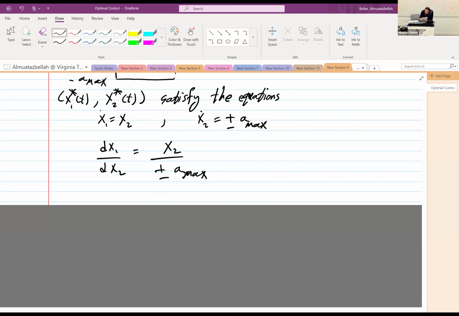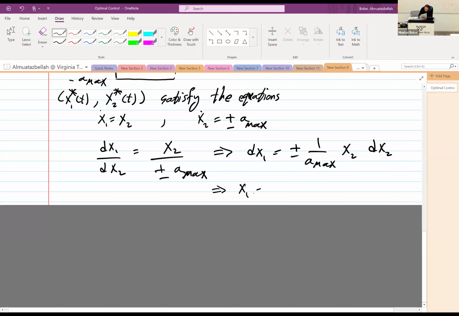And so that will lead to dx1 is equal to plus or minus 1 over A max x2 times dx2, which if you integrate both sides of this equation, you'll end up with a plane that relates x1 and x2.